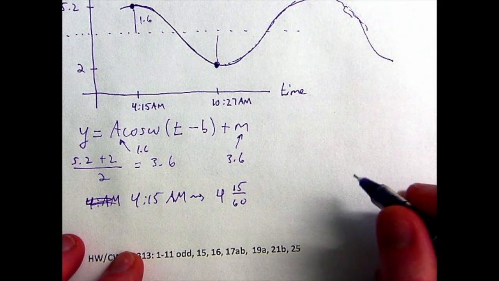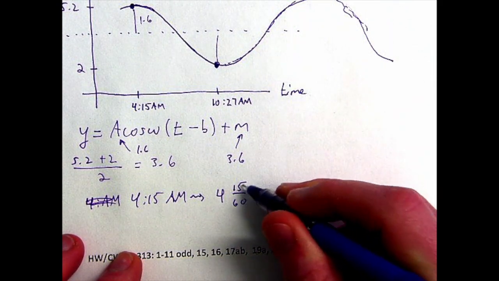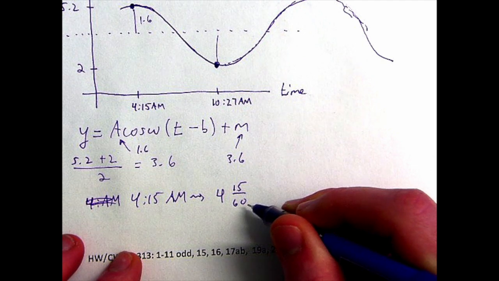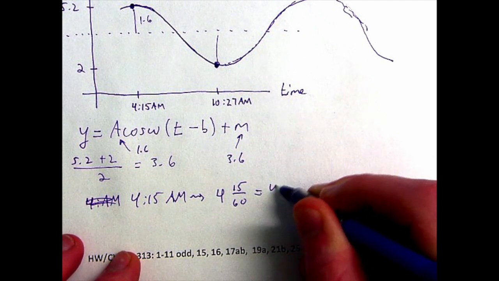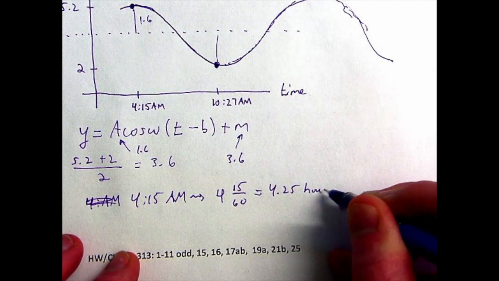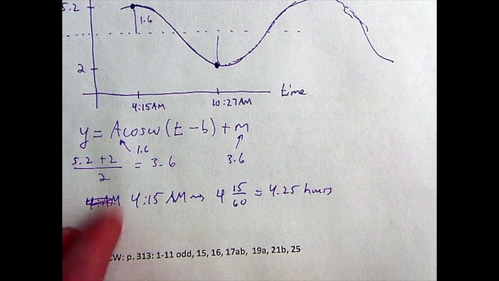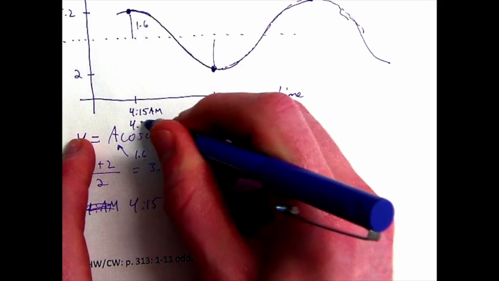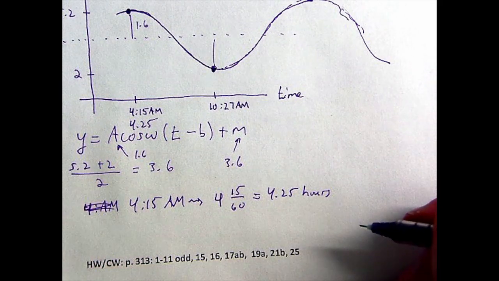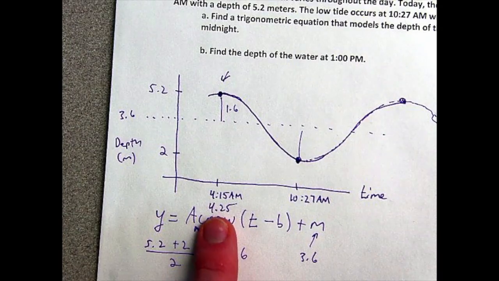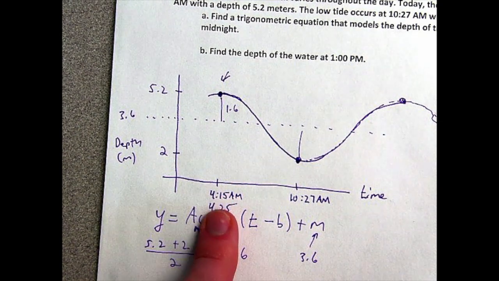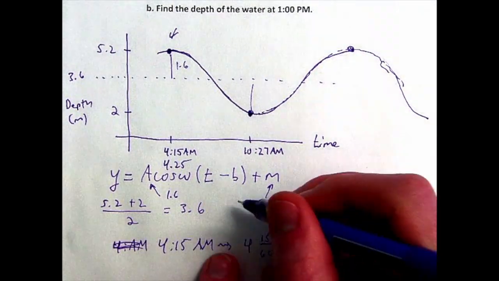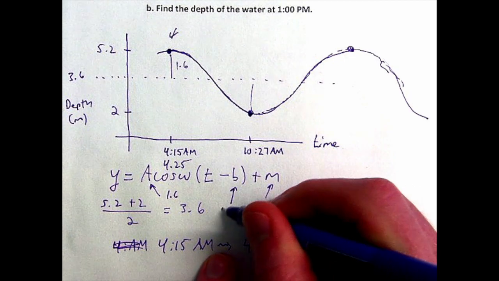That's what it is as hours, which 15 out of 60 is 0.25. It's a quarter. So this is 4.25 hours. So the t value associated with this time is 4.25. Okay. All right, so you can see that our cycle begins at t equals 4.25. So we know that B is 4.25.